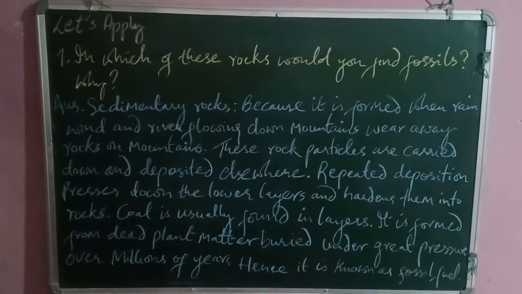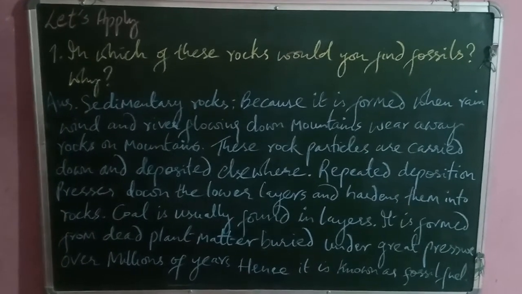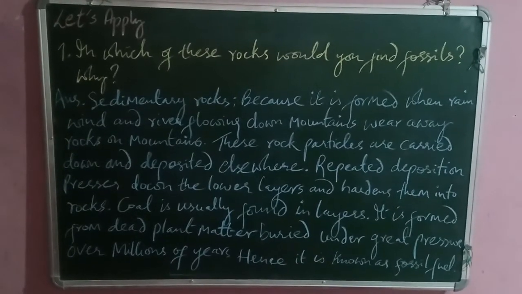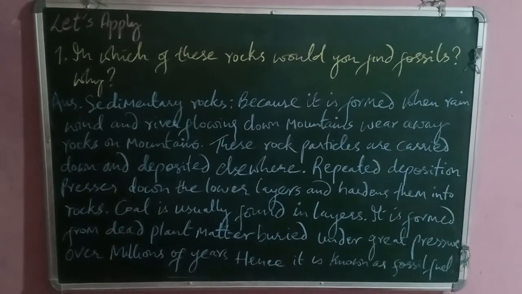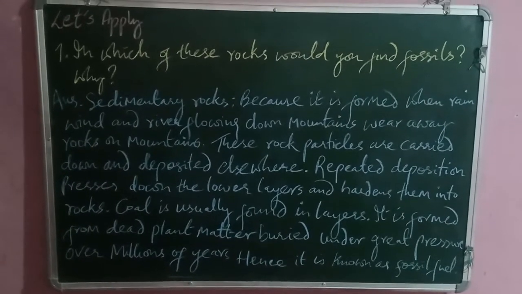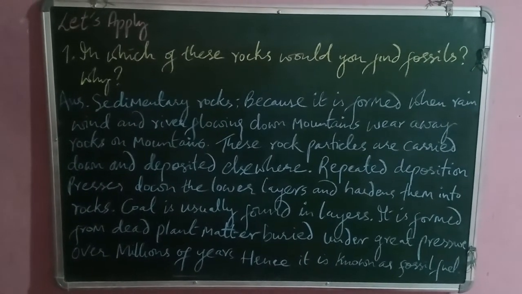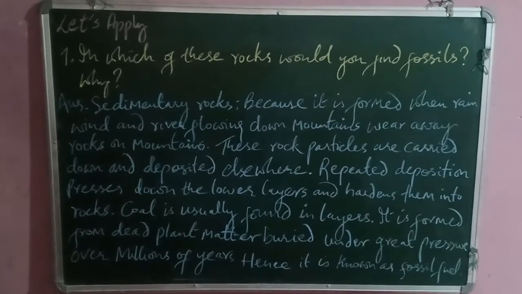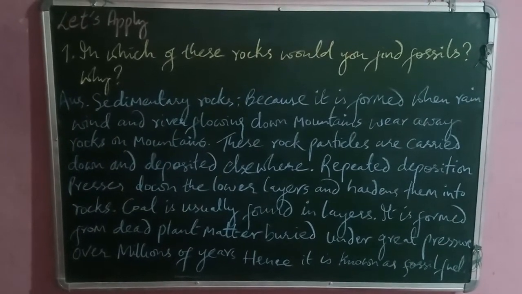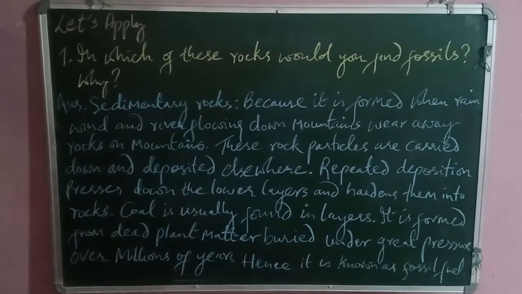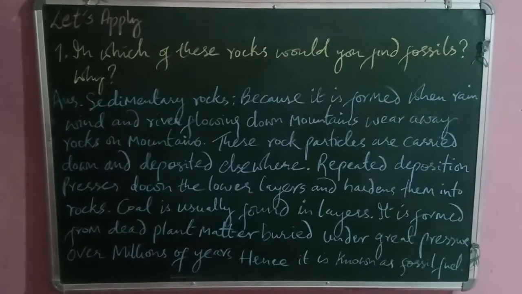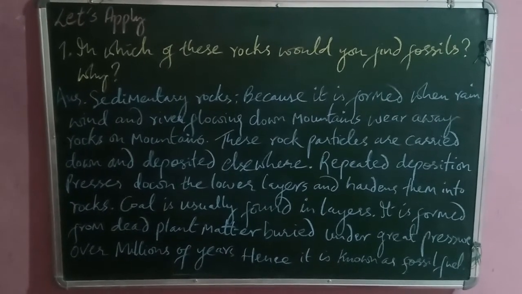Question number 1, in which of these rocks would you find fossils and why? So you have to write sedimentary rocks, because it is formed when rain, wind and rivers flowing down mountains wear away rocks on mountains, full stop. These rock particles are carried down and deposited elsewhere, full stop.